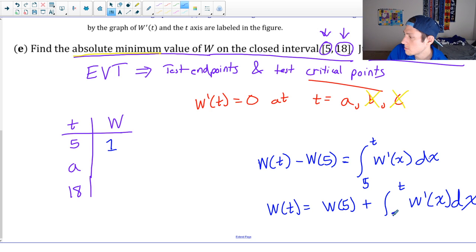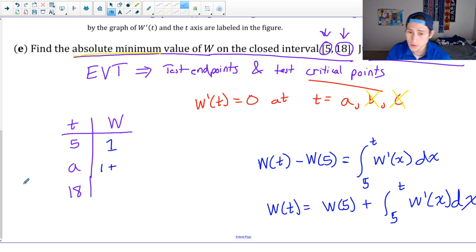So that would change the bounds too. So from 5 to t. So W of t minus W of 5. Okay, so W of t equals W of 5, which is 1, plus the integral from 5 to a.